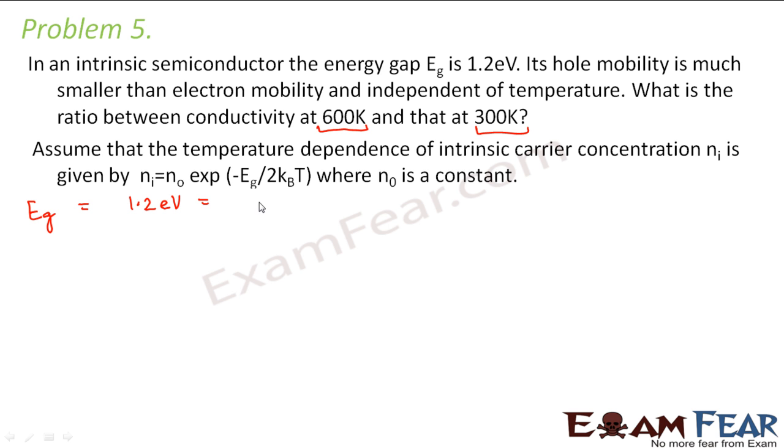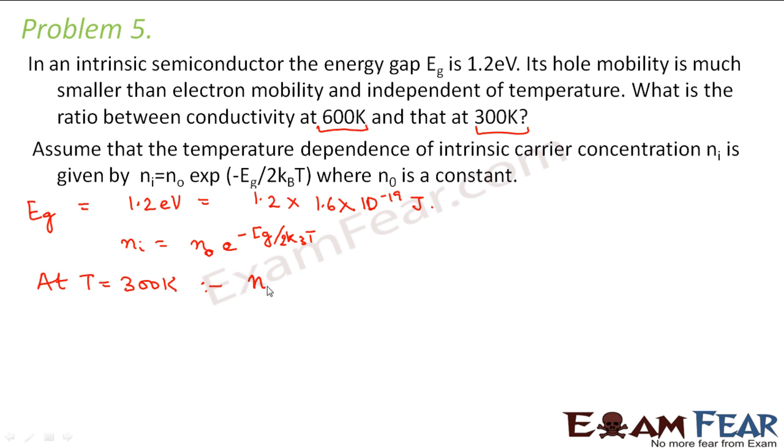It is 1.2 electron volts, that is 1.2 × 1.6 × 10^-19 joules. Now also given in the problem, Ni = N0 e^(-Eg/2kBT), right? Now at T = 300 Kelvin.